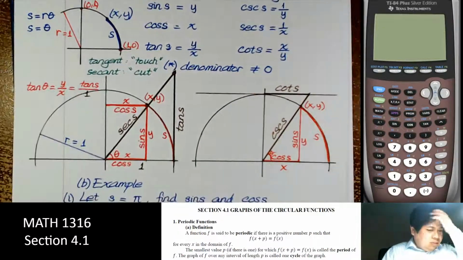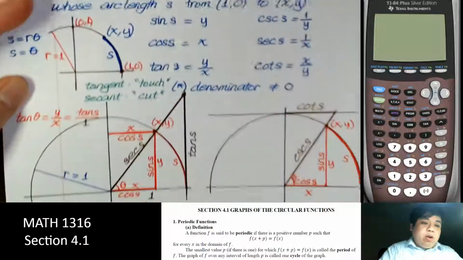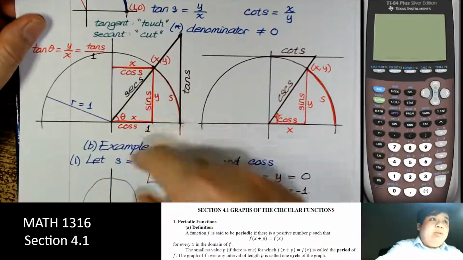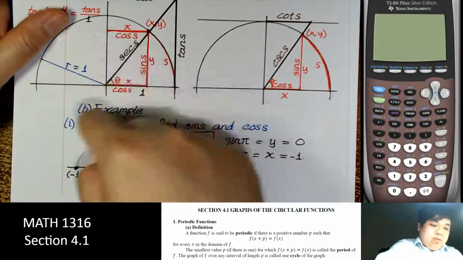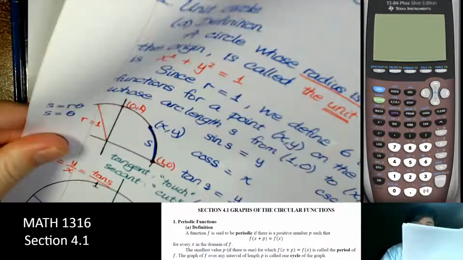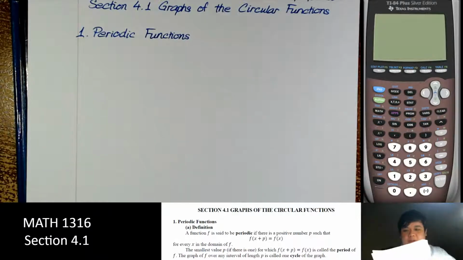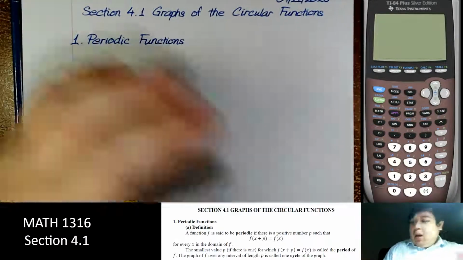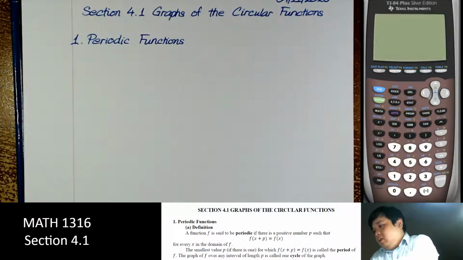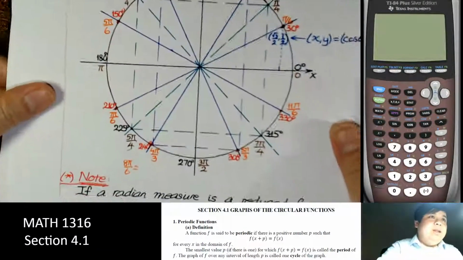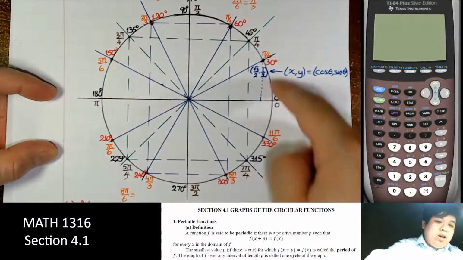And in general, a trig function we define based on the length of the arc of the whole circle though, not just that. We define that for the whole circle.